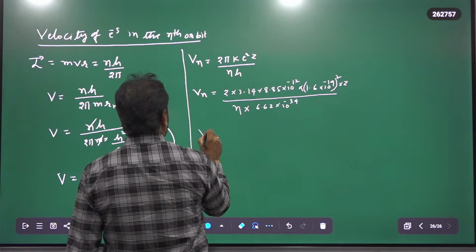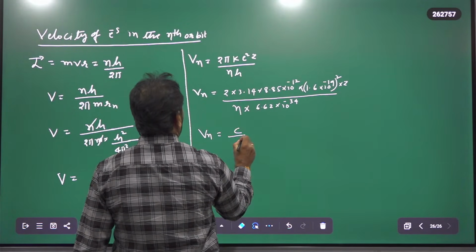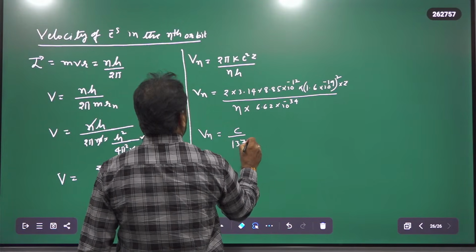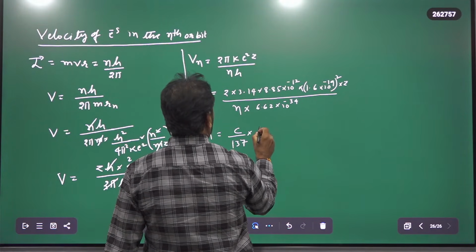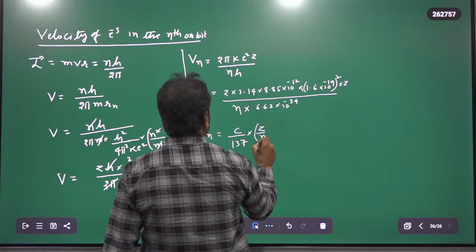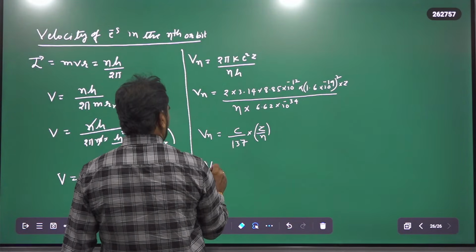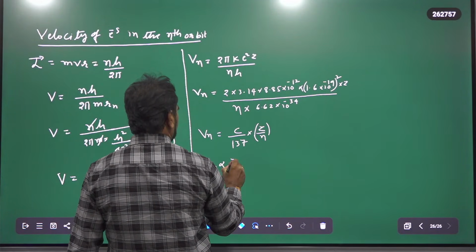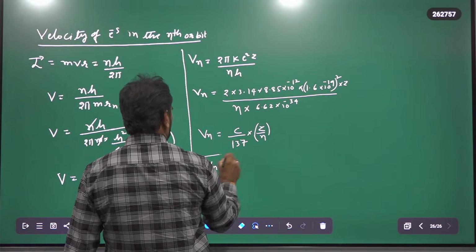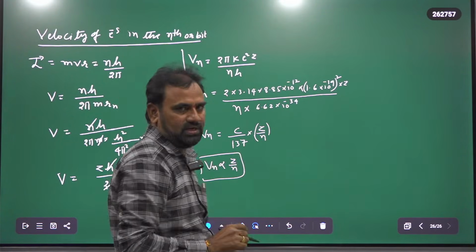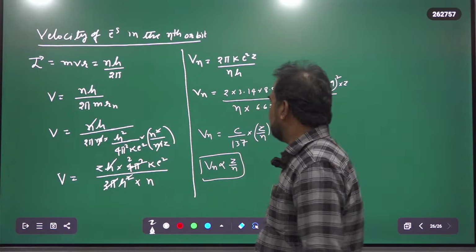That is, Vn is equal to c by 137 into z by n. So it is very clear that Vn is directly proportional to z by n. This is the velocity of an electron in the nth orbit.